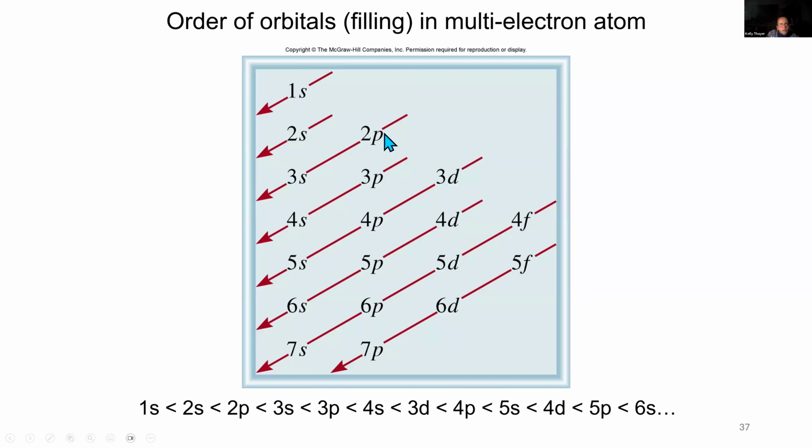So it should follow along here: 1s, 2s, 2p, 3s, 3p, 4s, 3d, 4p, 5s, 4d, 5p, 6s, and so on. So you'd also finish that off with 4f, 5d, 6p, 7s, 5f, 6d, 7p. But you see that by going along those diagonals, you correctly generate the sequence and the order of their energies.